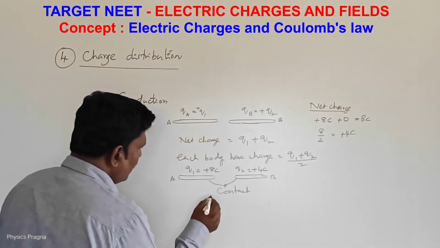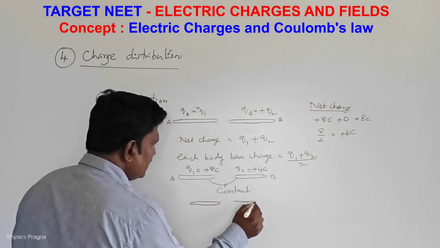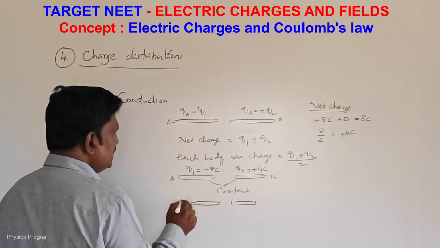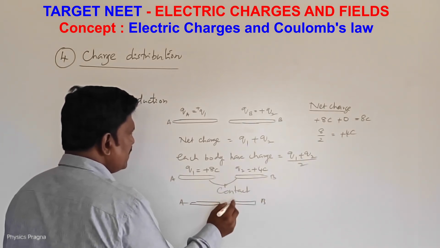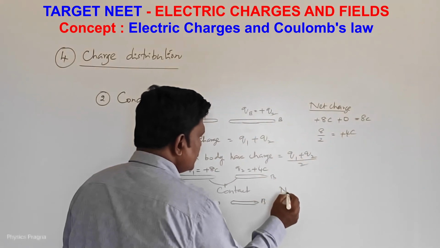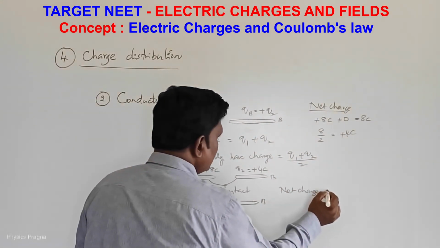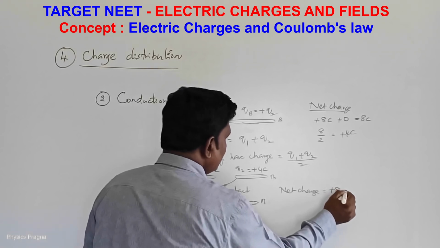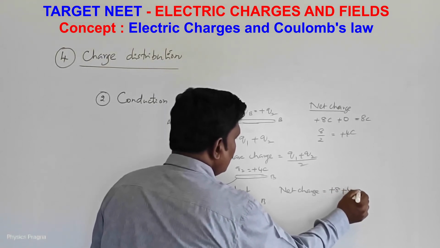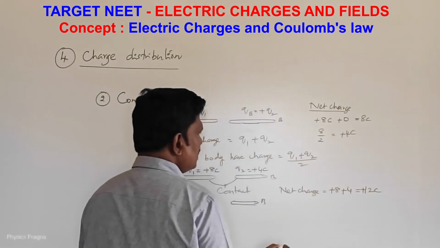So how much? See, after contact we separated both bodies. This is A, this is B. We separated both the bodies. Then what happens? Net charge is plus 8 plus 4. How much is this? 12 Coulomb plus.